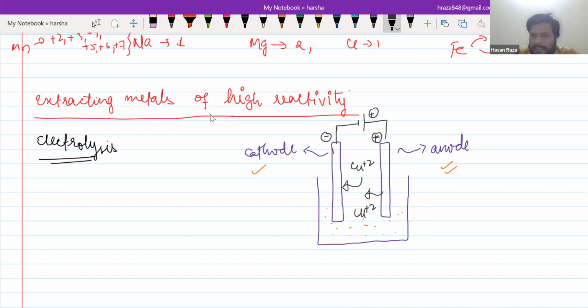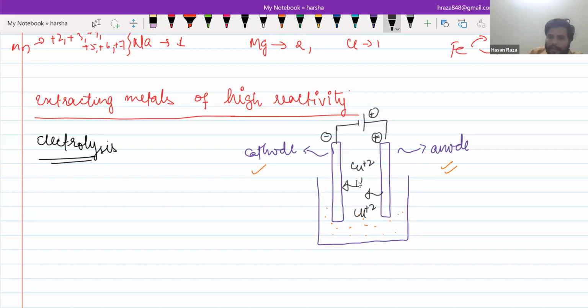Electrolysis is used for every type of extraction, because if you refine a metal, you won't get it in the purest form. In order to get a pure metal, you have to pass it through electrolysis. Just suppose you have got copper, you just refined it, and after that you need it 100% pure. So you have to pass this copper through this process, electrolysis, in order to get 99% pure copper. So what will happen here?